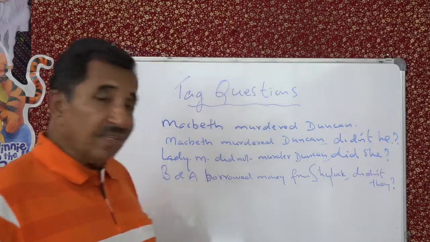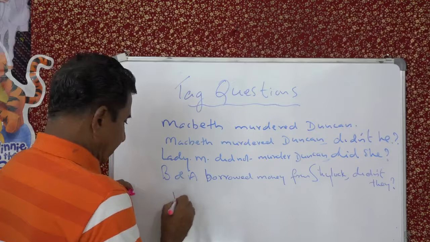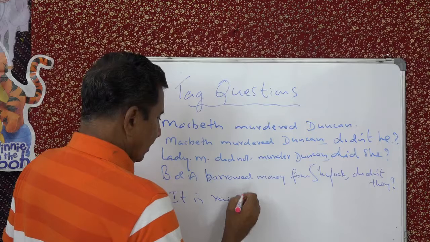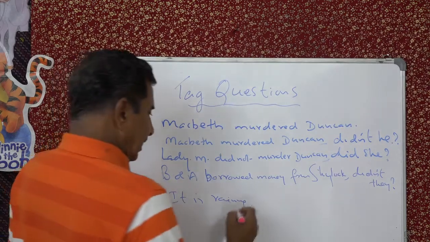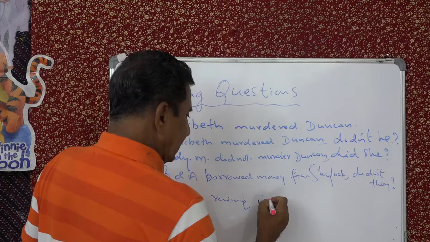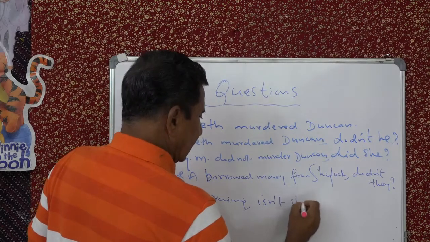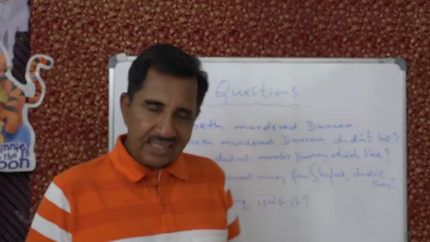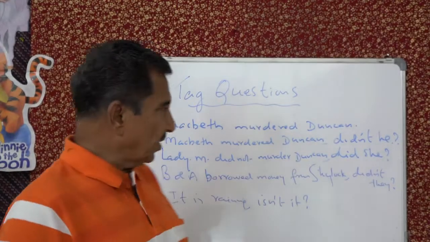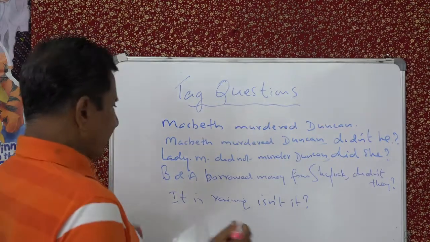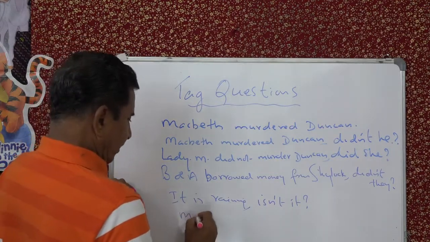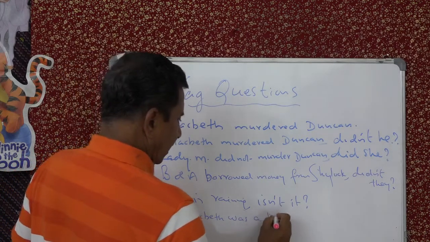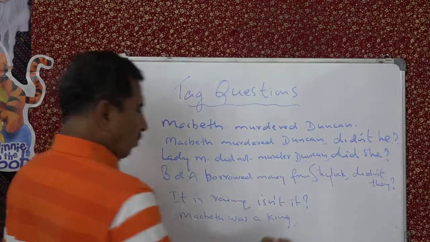Clear? Yes. Suppose it is raining. It is raining, full stop, comma. Is it? Isn't it? You repeat the subject. It is raining, isn't it? Did you get that point? Yes? Okay, let's say Macbeth was a king, comma, wasn't he?